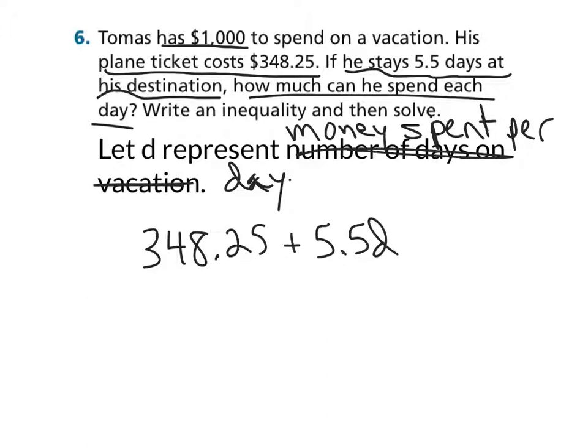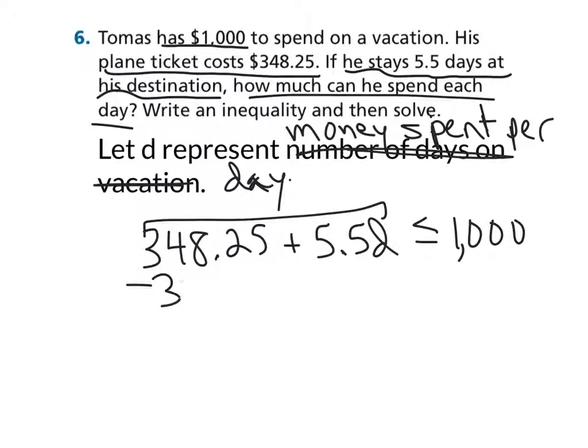And then this needs to be less than or equal to 1,000 for him to stay in budget. He has $1,000, so the amount he spends has to be less than or equal to 1,000. In order to solve that, once we get that set up, they're adding, so we need to subtract 348.25.